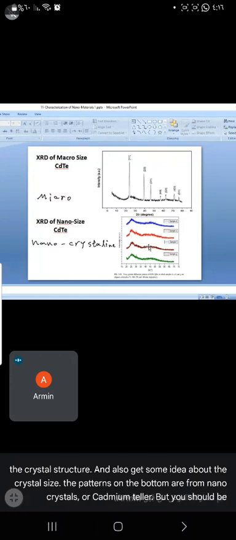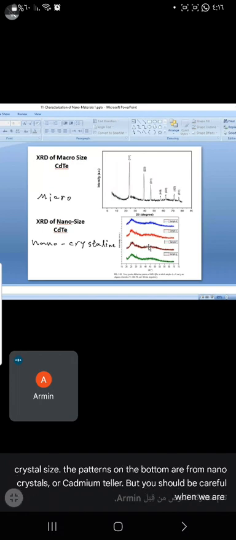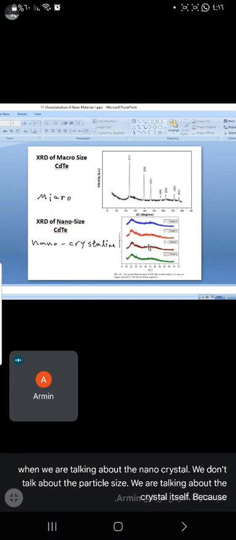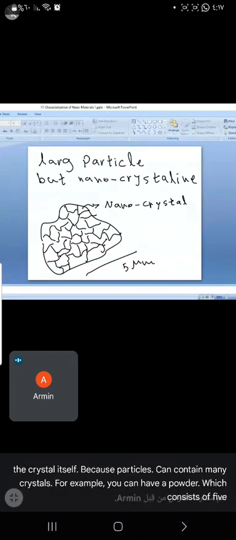But you should be careful when we are talking about the nanocrystal. We don't talk about the particle size. We are talking about the crystal itself, because particles can contain many crystals. For example, you can have a powder which consists of 5 micrometer particles. Particles of 5 micrometer are quite large.